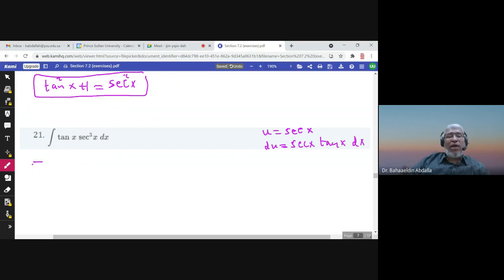So I need to arrange this integral. Write secant tan here. All of this would be du. And tan is already taken, but secant cube, I took 1 secant, so I still have secant square x. So it would be u square du, and you continue.